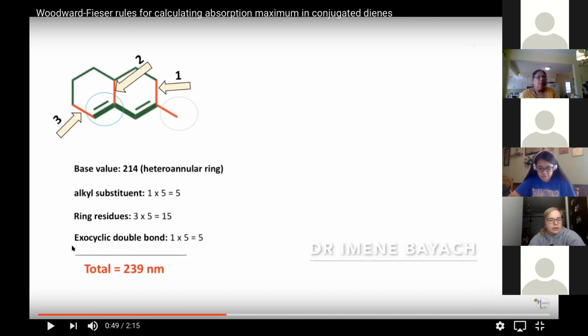And then this one has an exocyclic double bond. Focus on one ring, and the other one is considered to be exocyclic. If you block all of this out over here and just look at this ring, thinking of it as only having this double bond here and this here, then this one is exocyclic. So that gets multiplied by 5, and all of that is added up to give you 239.